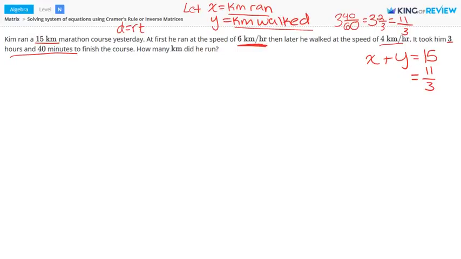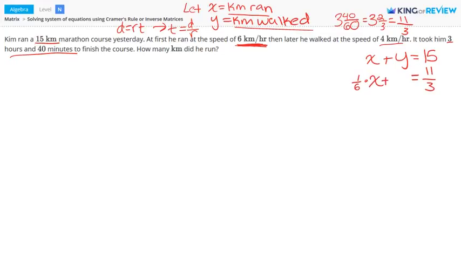If he ran at the speed of 6 kilometers per hour, we can write this as, well, t, time, is equal to distance over rate. So the distance he ran over his rate. So that would be x over 6, because the rate that he ran was 6 kilometers per hour. So x over 6, another way of writing that is 1/6 times x.